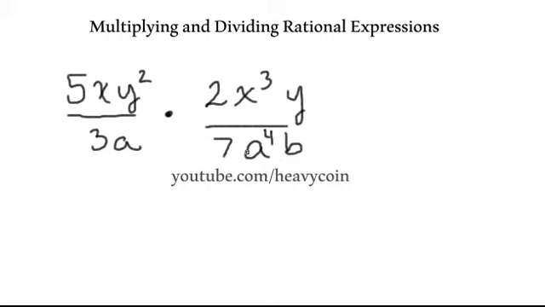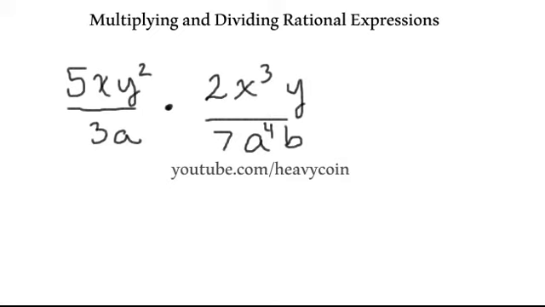I think up to this point I haven't mixed variables like a and x together, a and y, or a, b and y. So we want to simplify this down.